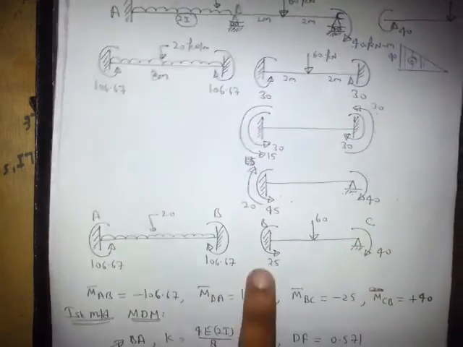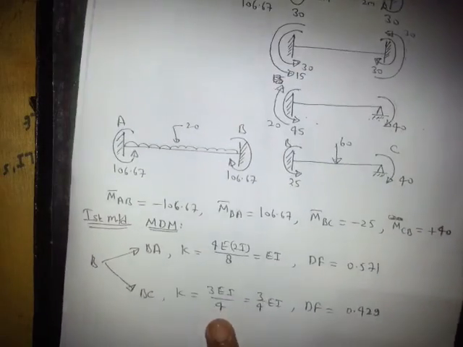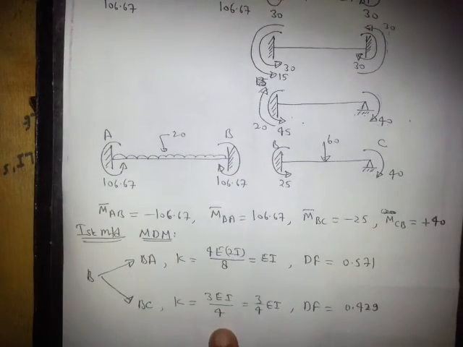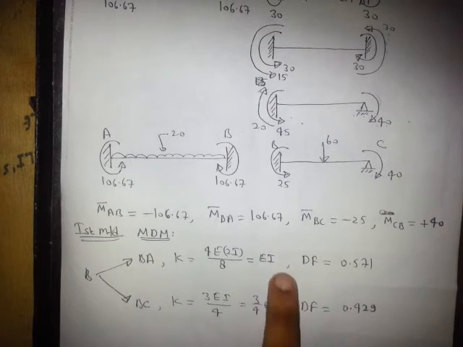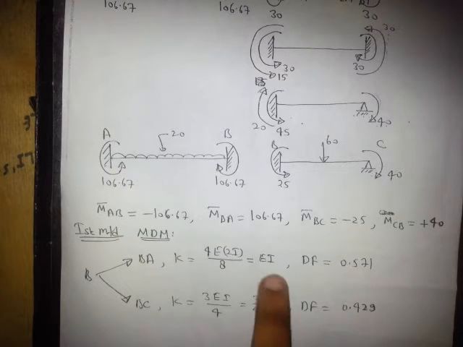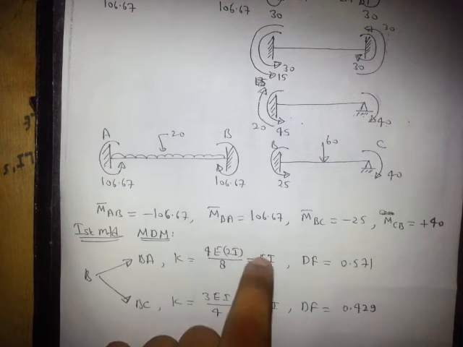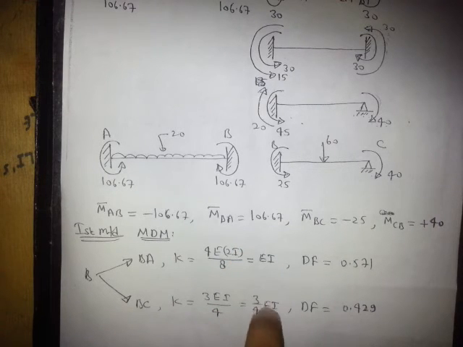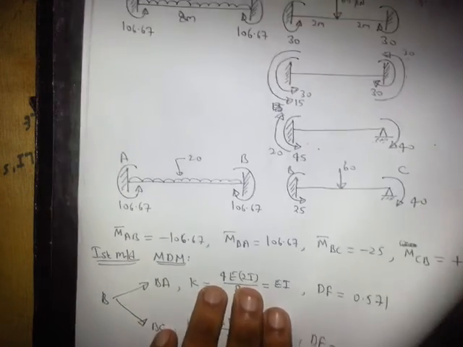So the stiffness will be 3EI divided by L. So the distribution factor will be like this: 4EI upon the summation of these two, and 3EI upon the summation. Right.